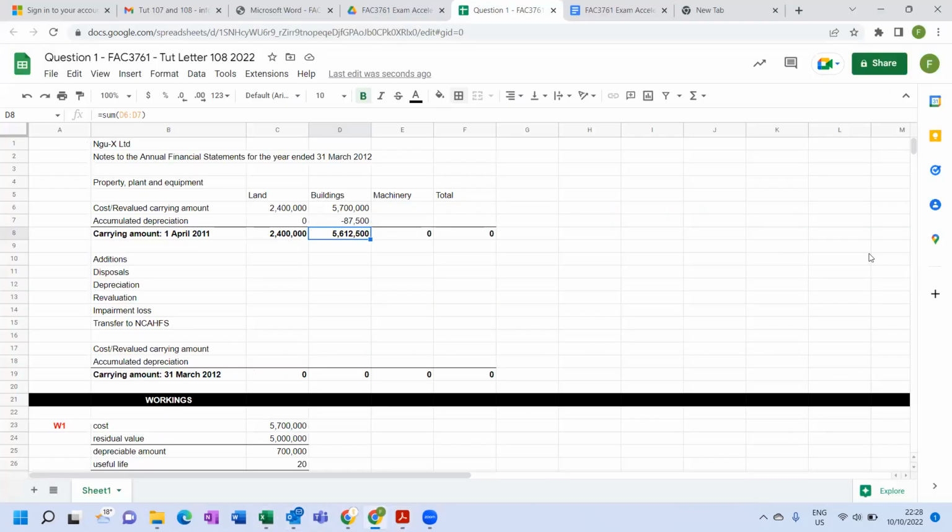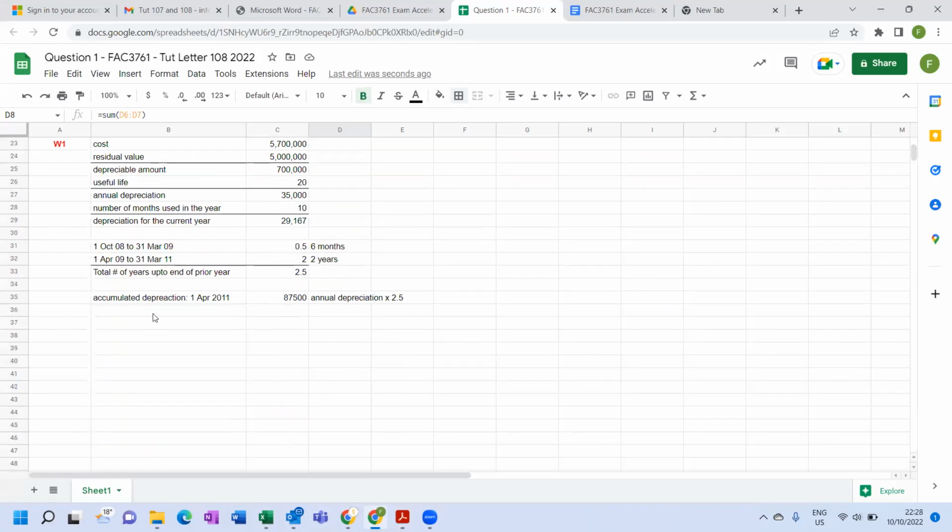So let's deal with it over here, working 2. We want the carrying amount at 1 February. We dispose of the asset at carrying amount, so it is cost, accumulated depreciation at 1 April 2011, and then depreciation for the current year.